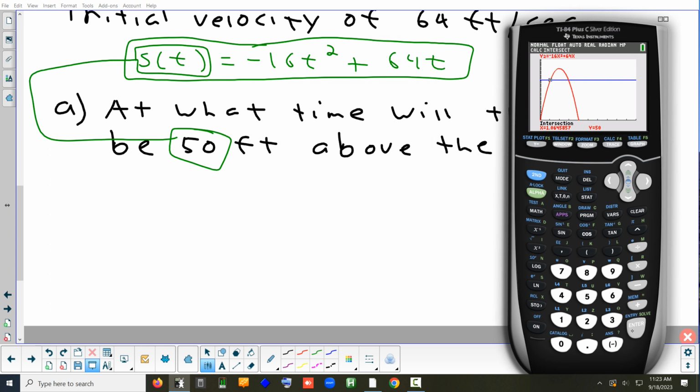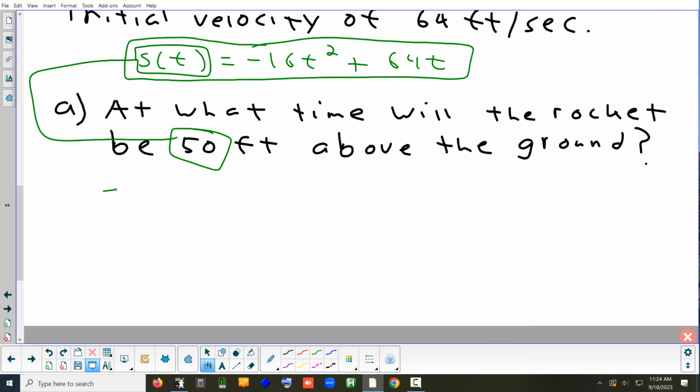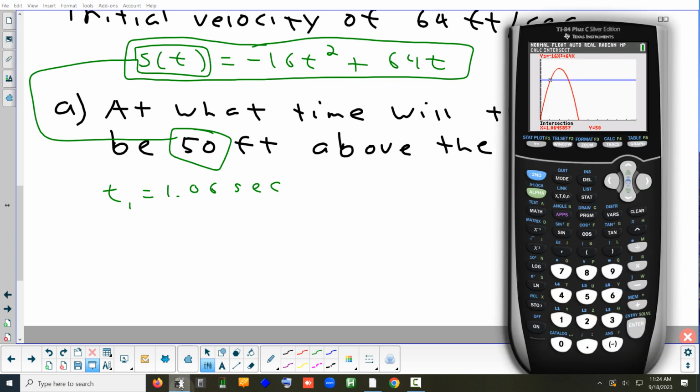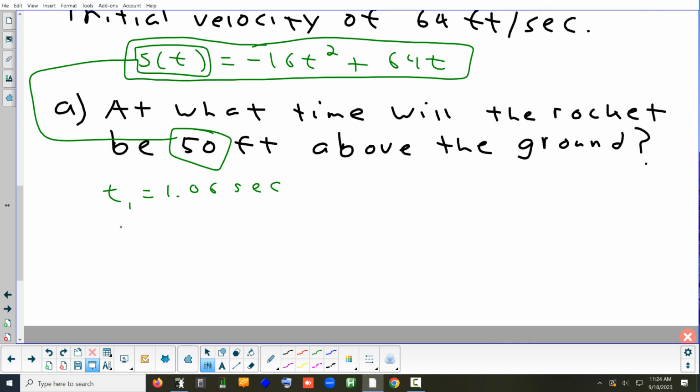So that means that after 1.06 seconds on the way up, it'll hit 50 feet. Let's call that time 1. That's the first time. How about the second time? 2.93 seconds. Anybody else get 2.93? Yes, I did.